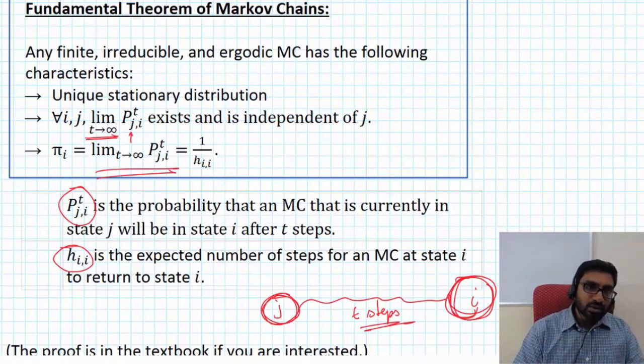And quite naturally, that frequency is exactly equal to this limiting probability as t tends to infinity, P j comma i superscript t. And that's exactly our pi_i, the probability with which at steady state the Markov chain will be at state i. So this is our fundamental theorem of Markov chains.